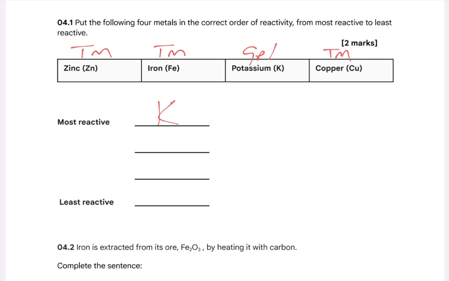The remaining 3, we have to try to have a little bit of general knowledge of these. Now, we know from metal extraction reactions that they're all displaceable by carbon, so they're all relatively similar. But we know from a lot of experiments when we do displacements with acids that copper doesn't react with acids, whereas iron and zinc can do, and so copper is a very unreactive metal.